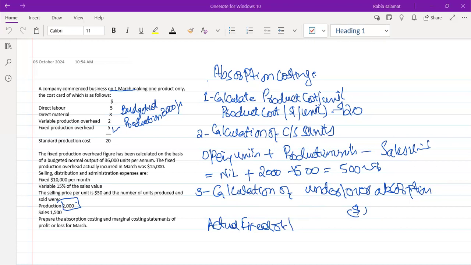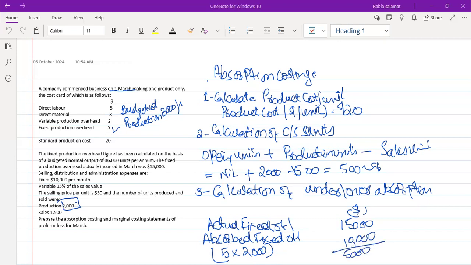So we multiply 3,000 into 5, and we get 15,000. How much is your absorbed fixed overhead? The absorption rate is 5 into actual units. Actual units is 2,000. This is 10,000. We have under absorption of 5,000.